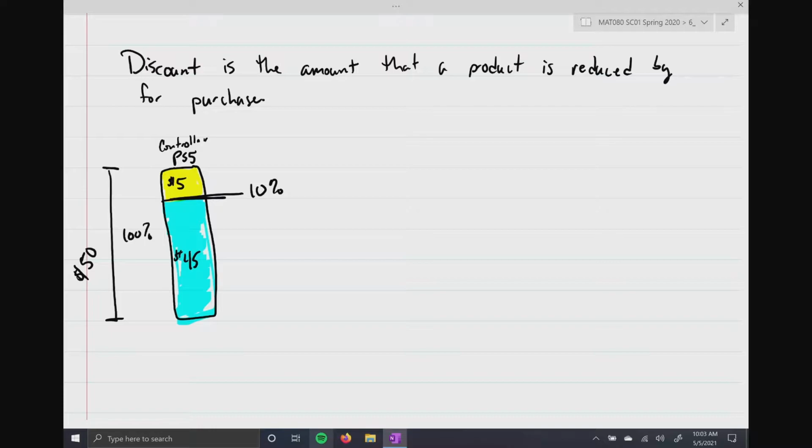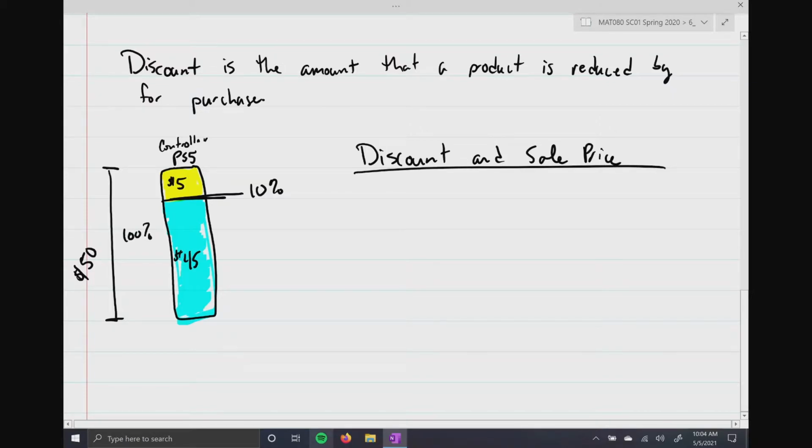So let me go ahead and give you some formulas here. And these are the last two formulas of the semester. So I'm going to write the word discount and sale price. And here are the formulas. The amount of discount is going to be equal to the discount rate times the original price.